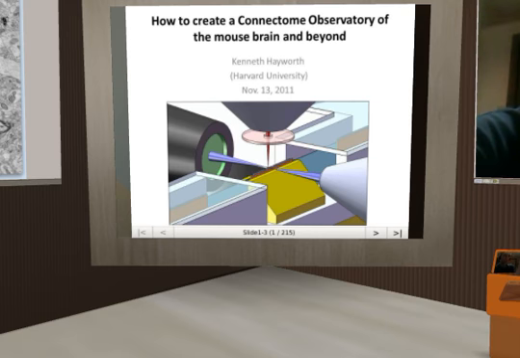This is more than sufficient resolution to determine all the connectivity and the properties of the synapse that are needed to explain the functionality of the circuit.